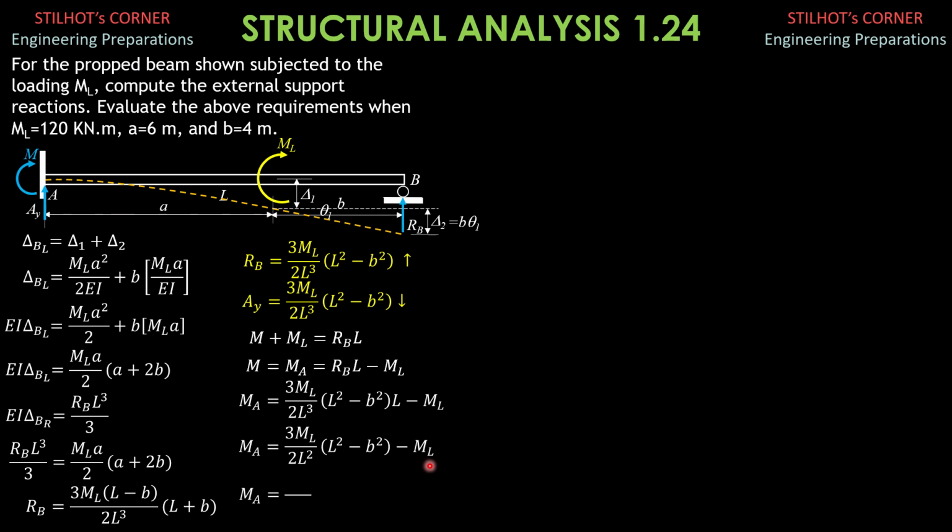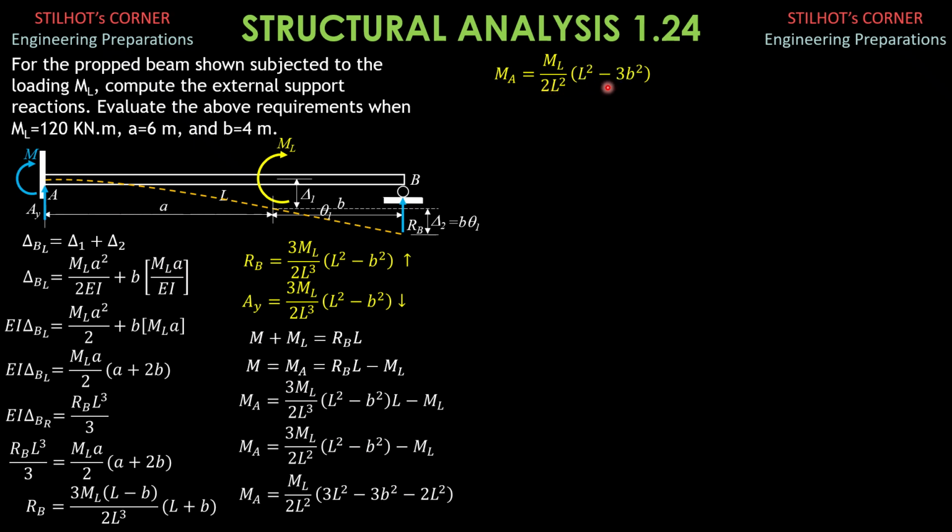Factoring out ML over 2L squared, MA equals ML over 2L squared quantity 3L squared minus 3B squared minus 2L squared. So we distribute 3L squared minus 3B squared, then this is supposed to be 1 times 2L squared, so minus 2L squared. So 3L squared minus 2L squared is L squared, therefore MA is ML over 2L squared quantity L squared minus 3B squared.